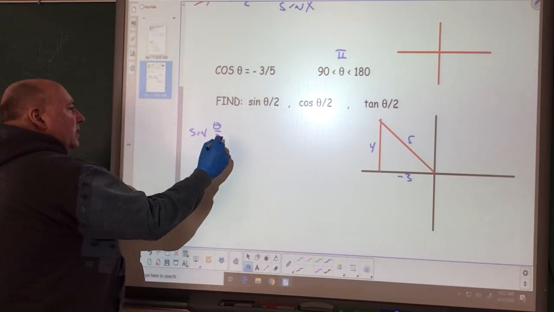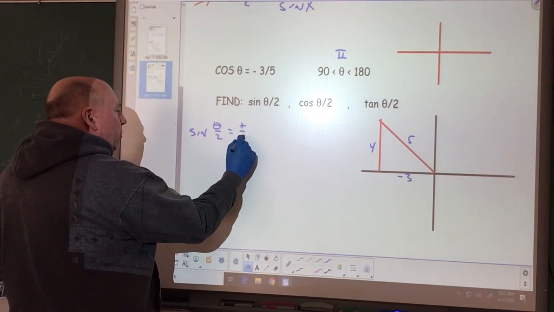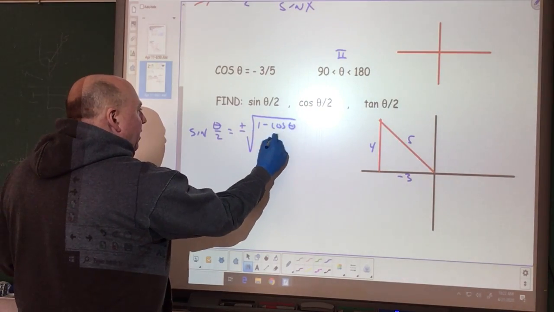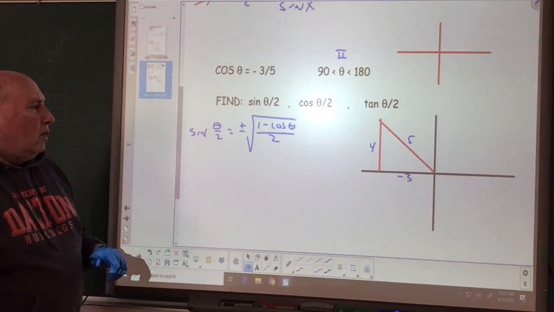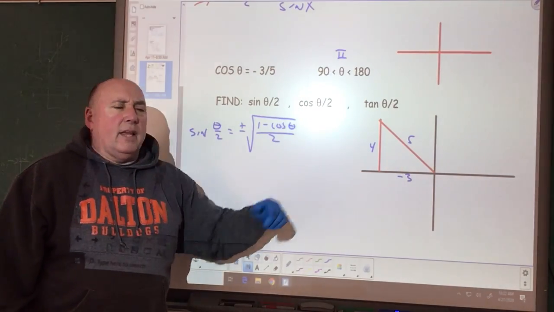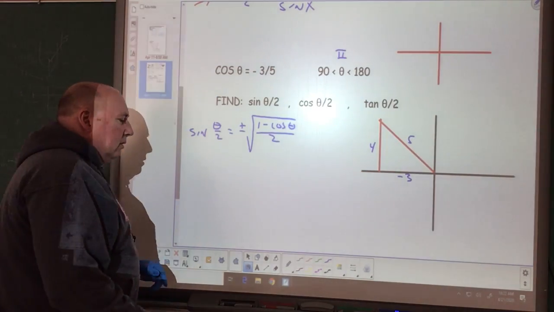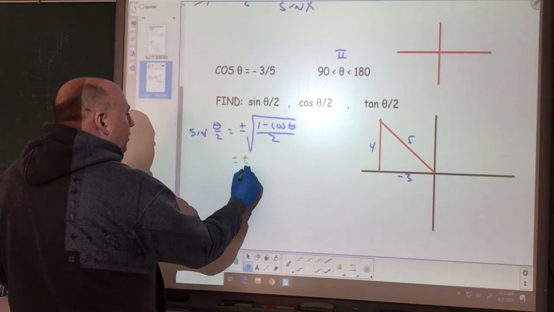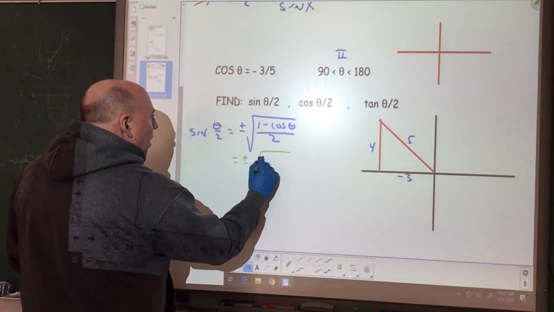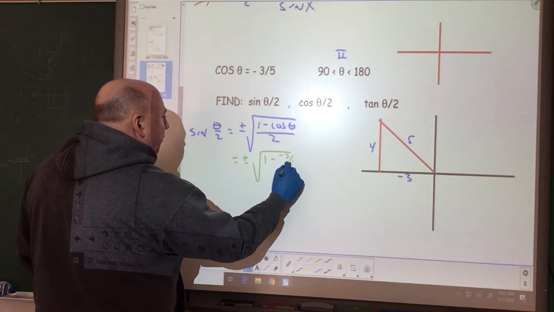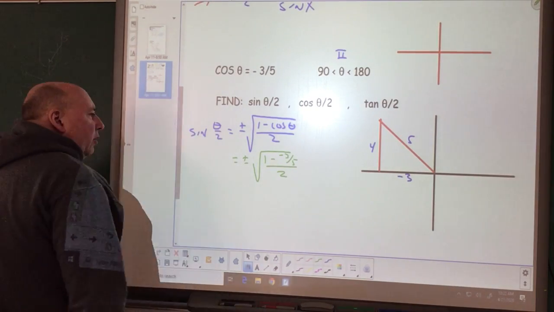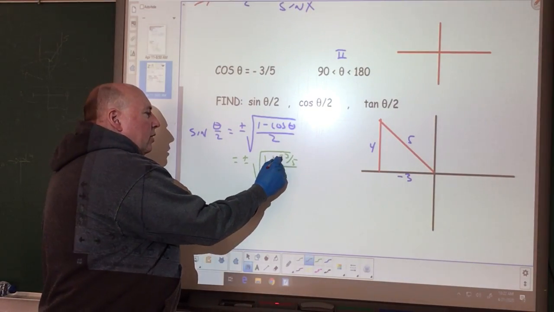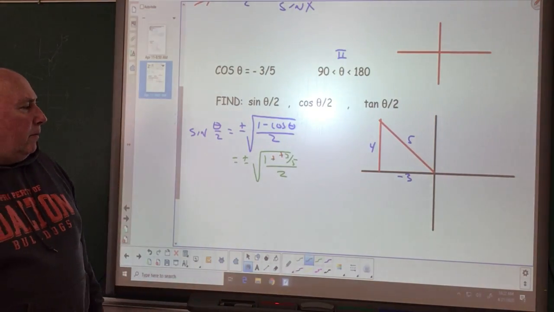Well, from the front side, this is defined just as plus or minus square root of (1 minus cosine of theta) divided by 2. Well, if I look at the cosine of theta, that's negative 3 over 5. So we have plus or minus square root of (1 minus a negative 3 over 5) over 2. Now we have minus a negative, so these will cancel out to plus.